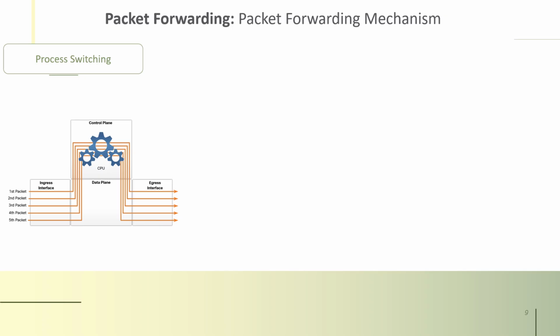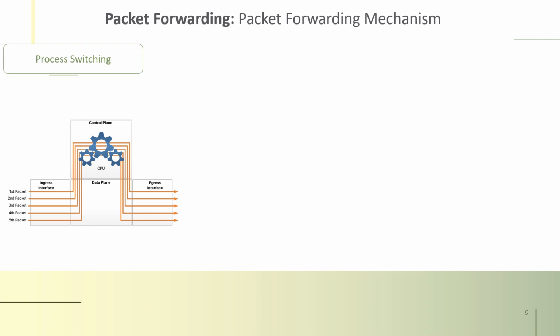It is important to understand that the router does this for every packet, even if the destination is the same for a stream of packets. This process switching mechanism is very slow and is rarely implemented in modern networks.